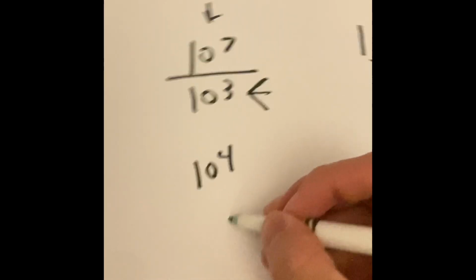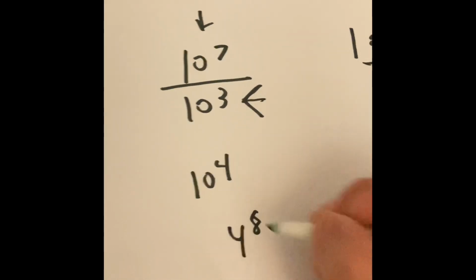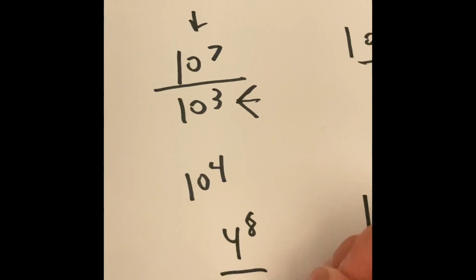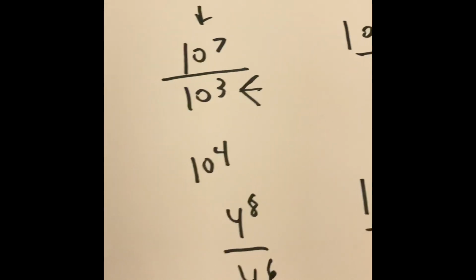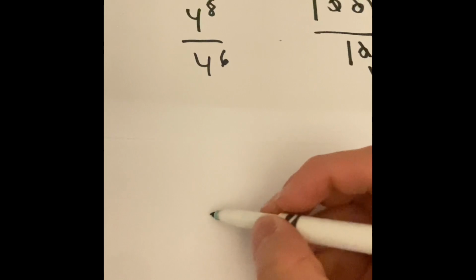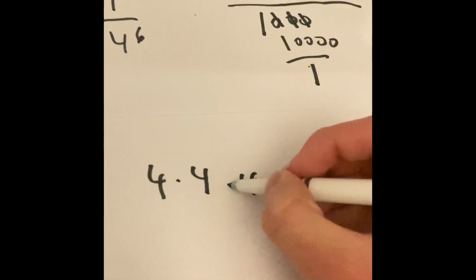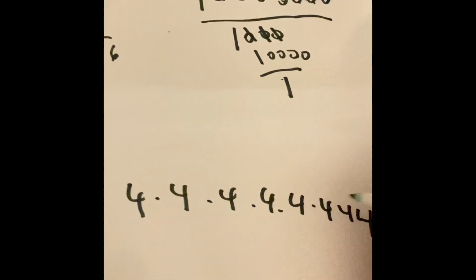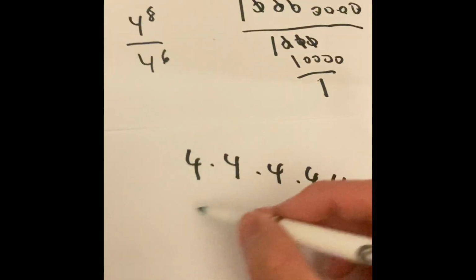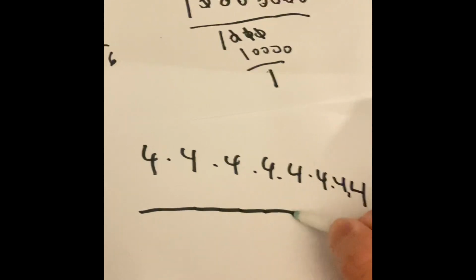Let's do 4 to the 8th power divided by 4 to the 6th power. We have to write 4 8 times, 1, 2, 3, 4, 5, 6, 7, 8, and they're all being multiplied because 4 has to be multiplied by itself 8 times. We put a division symbol.